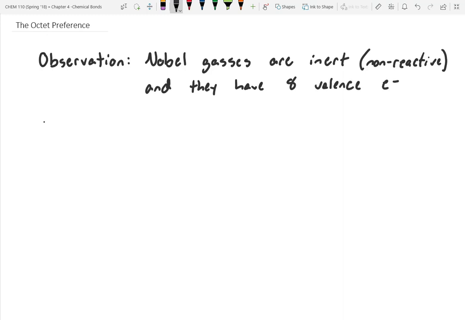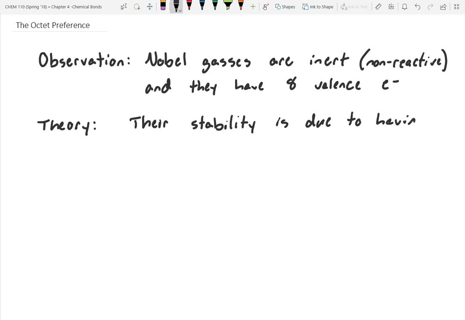All right, so they developed a theory based on this, that their stability is due to having 8 electrons. And they called this an octet.